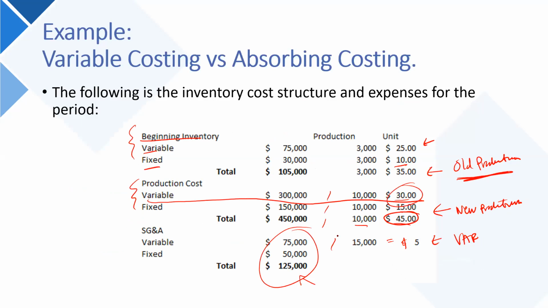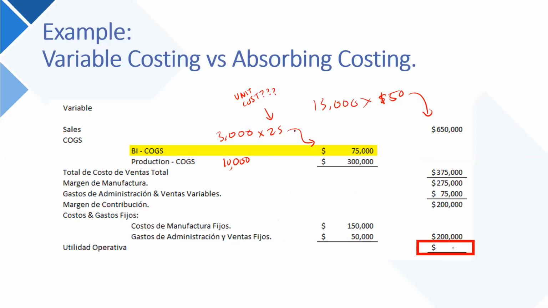Yes, 30. 10,000 times 30. That should be 300,000. So the addition of these two, because again we are bringing in inventory, it's this number over here, and it's manufacturing profit. I have it in Spanish. So the subtraction of these two is my manufacturing profit, which is 275,000.